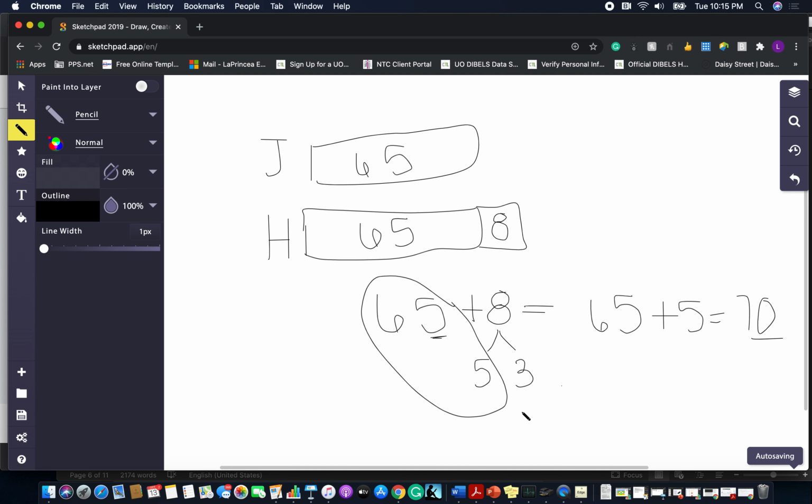And what I do with these left over, I'm going to add them. 70 plus 3 is 73. So I hope you guys got the answer of 73. You can also use a drawing if you would like to.